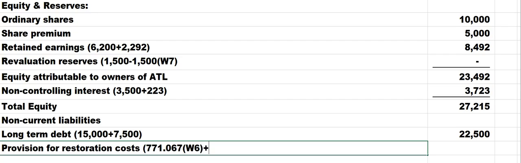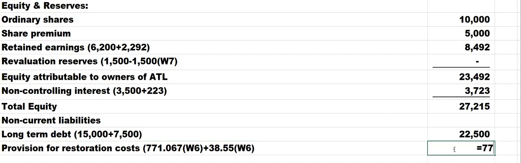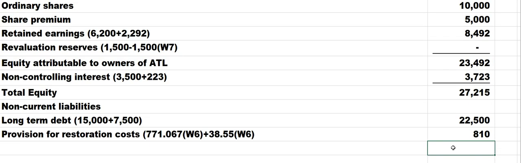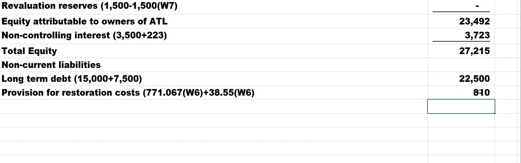Then still plus a finance cost of 38.55, unwinding of the discount, same working. So 771.067 plus 38.55 gives you 810. This is non-current liabilities.